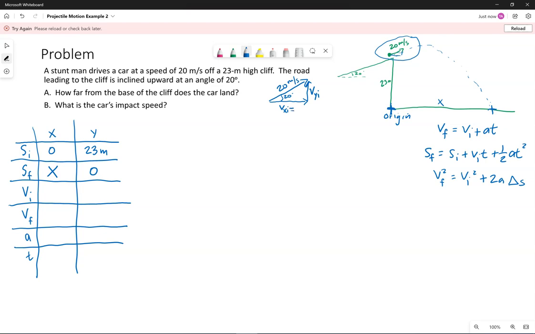Since this X component side is adjacent to the angle, this side will be 20 meters per second times the cosine of that angle. And then Vy initial will be 20 meters per second times the sine of the angle.